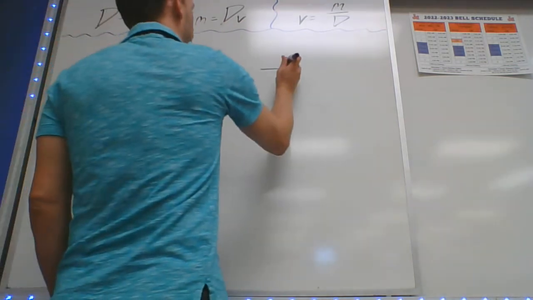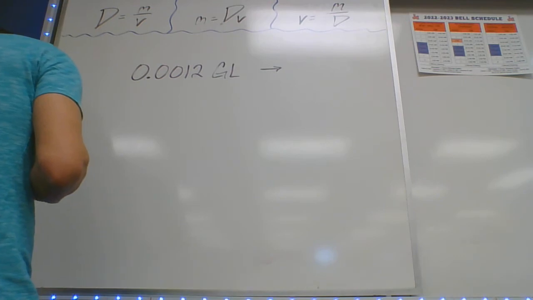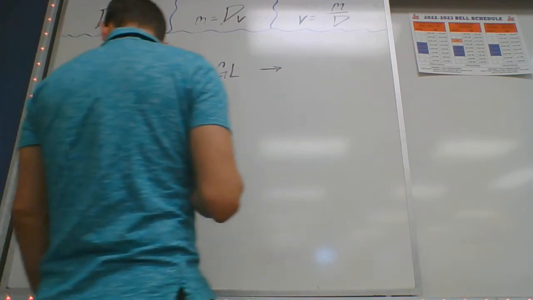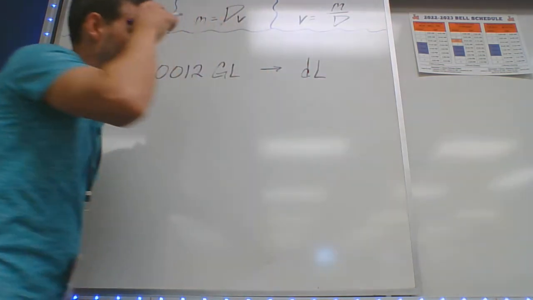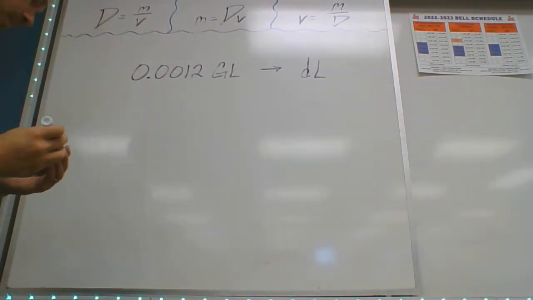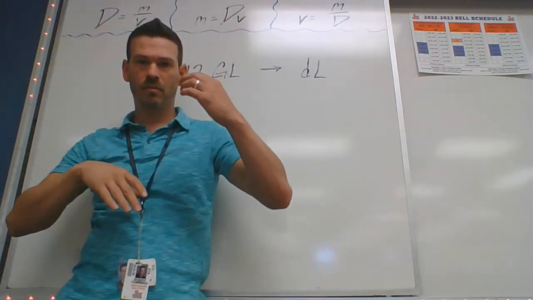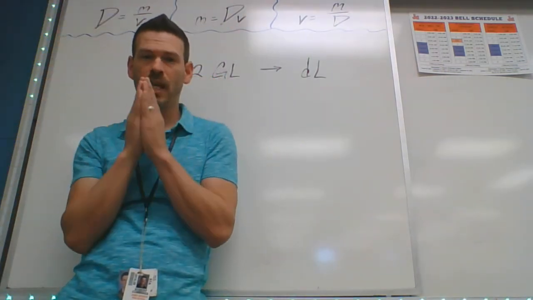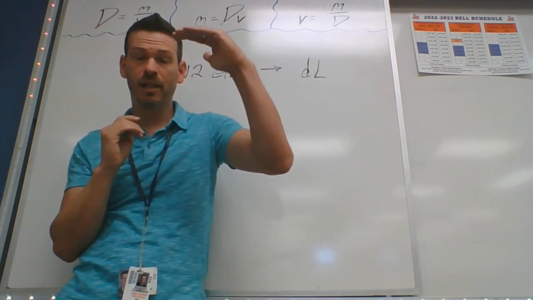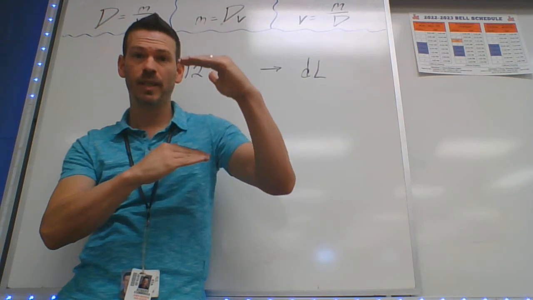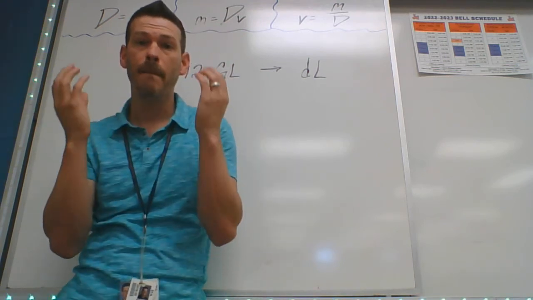And what if we were going to convert the gigaliters down to, let's go deciliters. You can find deciliters there. So again, look at the units. First question is always the same: is the unit getting bigger or smaller? Giga is here, deci is here. So the unit's getting smaller, so the number must get bigger.